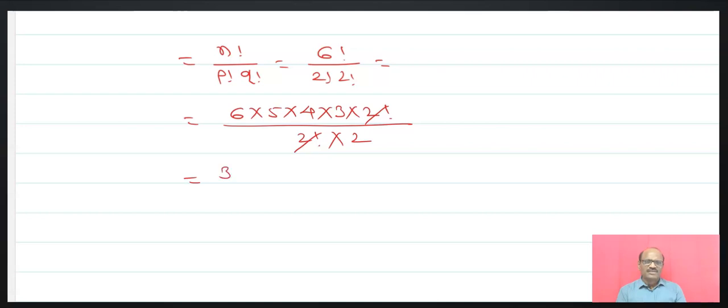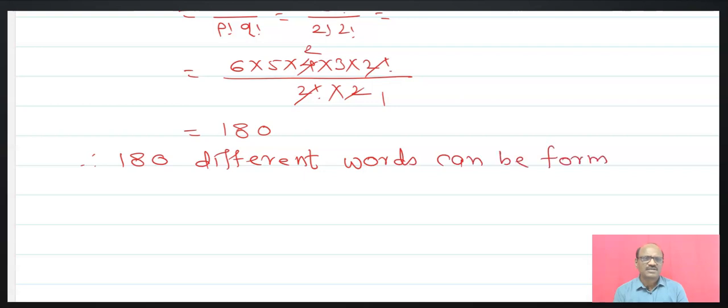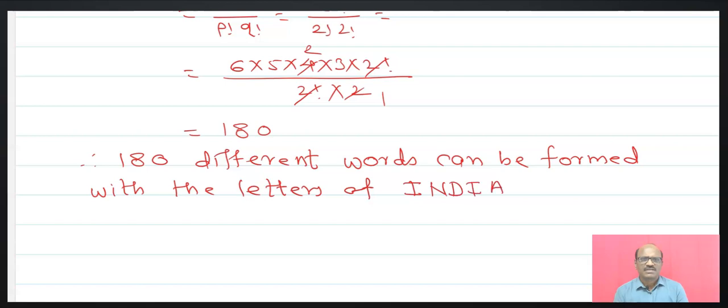Again 2 factorial, that is a 2 again. That gets cancelled and you can do the multiplication. Multiplication is 180. That is, 180 different words can be formed with the letters of INDIAN.